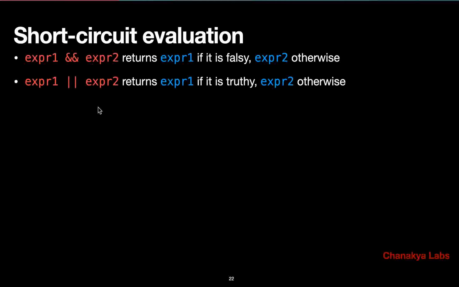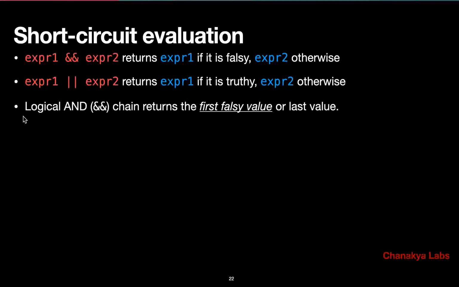This whole thing which I discussed can be generalized to multiple ANDs and multiple ORs. So for example, if a logical AND chain is there, let's say 3-4 expressions, this thing returns the first falsy value or the last value. As in this case, if expression 1 is falsy, then that was being returned, otherwise it was moving forward.